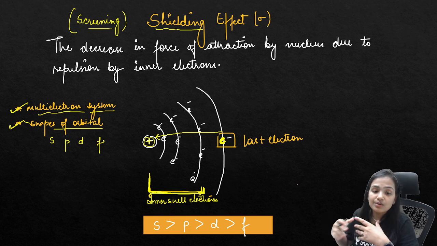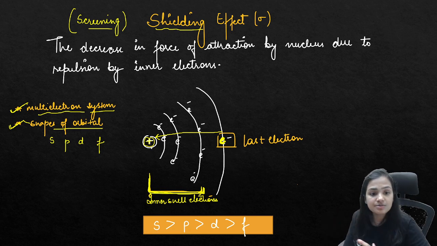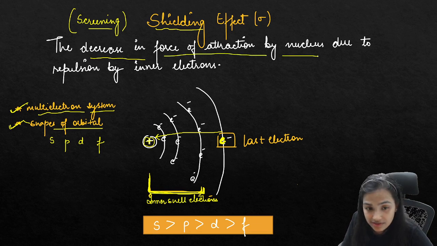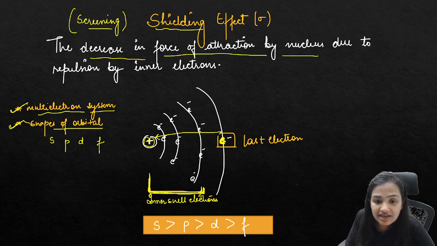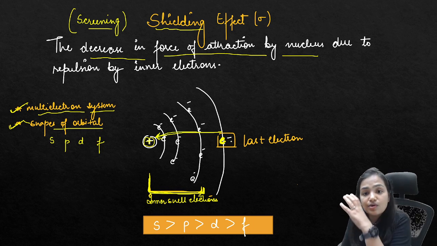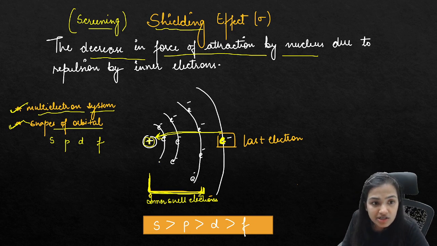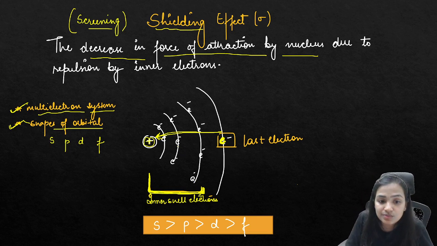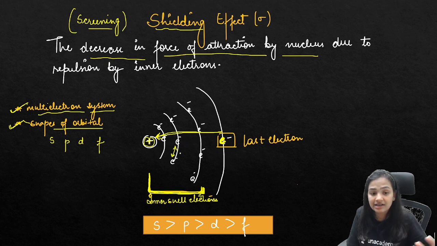This is basically the decrease in force of attraction by the nucleus. The nucleus wants to attract this particular electron towards itself, but the inner shell electrons keep repelling each other, as they are like charges.